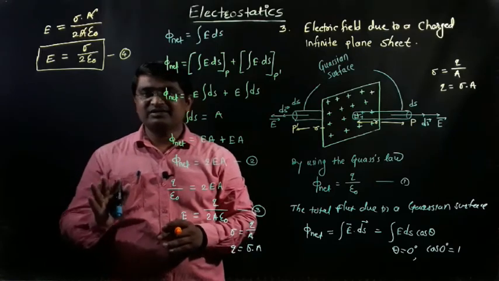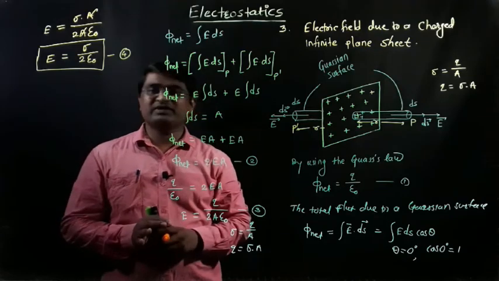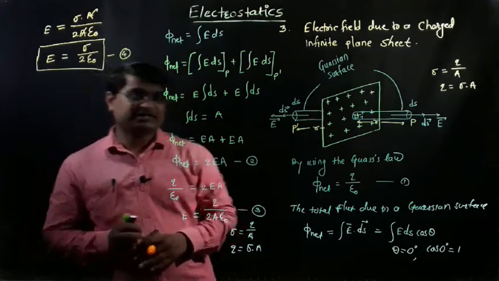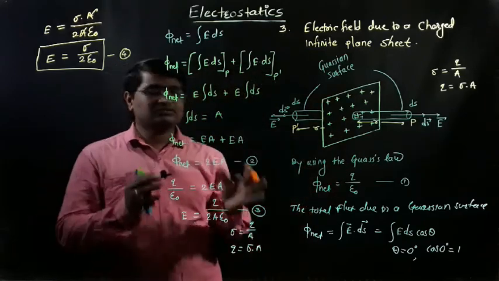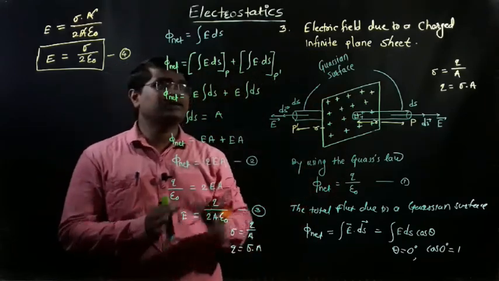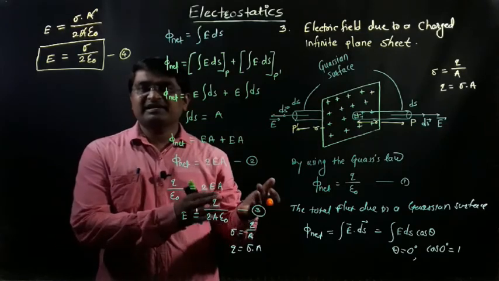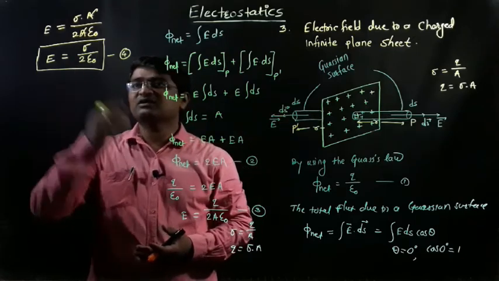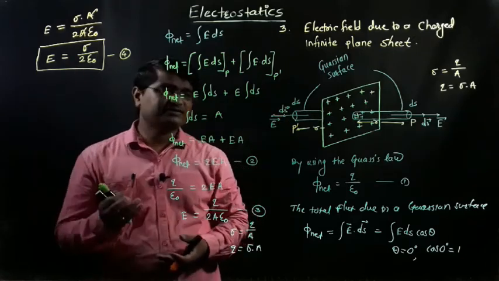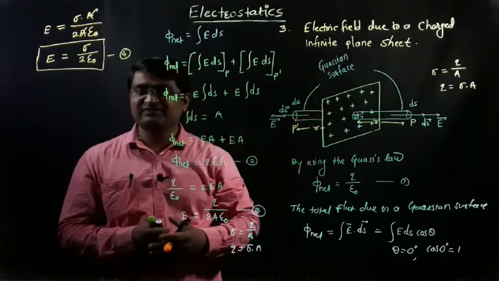So the first, second, and third applications, these three applications we have discussed according to this technique. Now we can revise this lecture. How to write it if board questions ask on this point: what is the electric field, or show that the electric field due to an infinite plane sheet is sigma upon 2 epsilon naught, or what is the electric field intensity due to a charged infinite plane sheet.